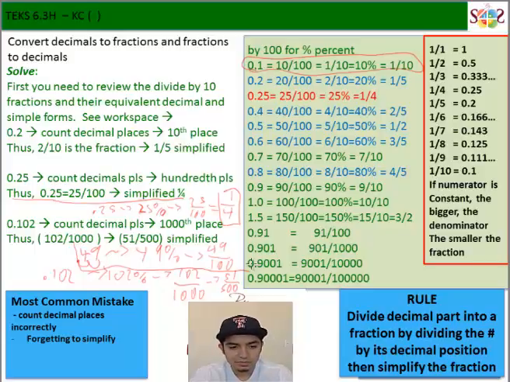Now from fractions to decimals. Here on the right, in the red box, we have 1 over 1, which is 1. Then we have 1/2, which is half of something, and half of 1 is 0.5.